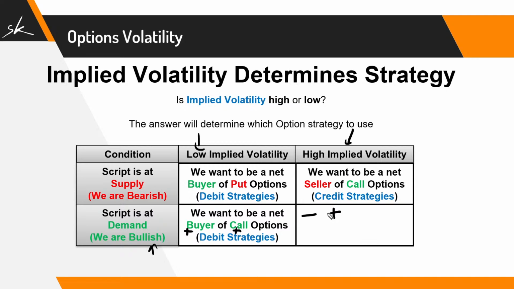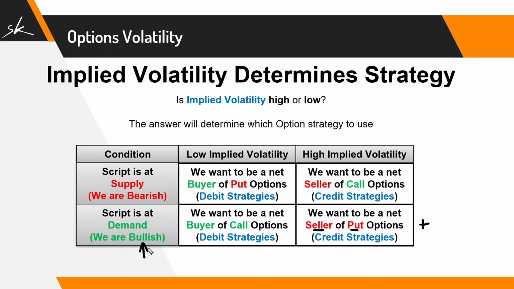But if I sell a put, because put is a negative unit, then minus minus becomes plus, which means now I have a bullish position. So we will be selling a put because selling is negative and put is a negative unit, so minus minus becomes plus. Now I have a bullish position in which I will be collecting some premium.